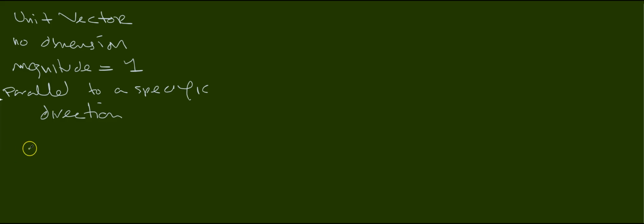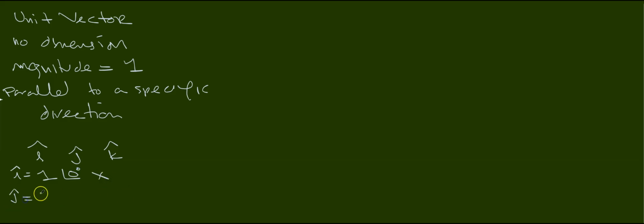So I'm going to define the vector i, the vector j, and the vector k. Vector i has a magnitude of 1 in the direction 0 degrees, parallel to the x-axis.